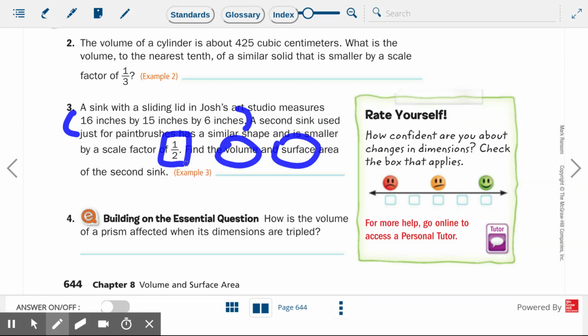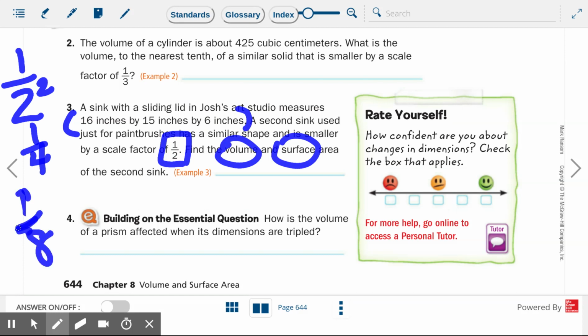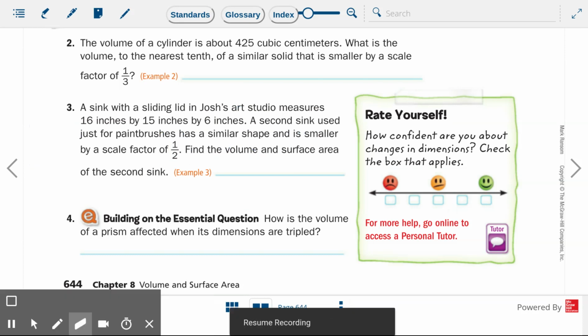Just to get that ready for later, for surface area, that would be 1/2 times 1/2, 1/2 squared, which means 1/4. And then for the volume, that would be 1/2 times 1/2 times 1/2, or 1/8. So eventually we are going to divide by 4 and divide by 8.